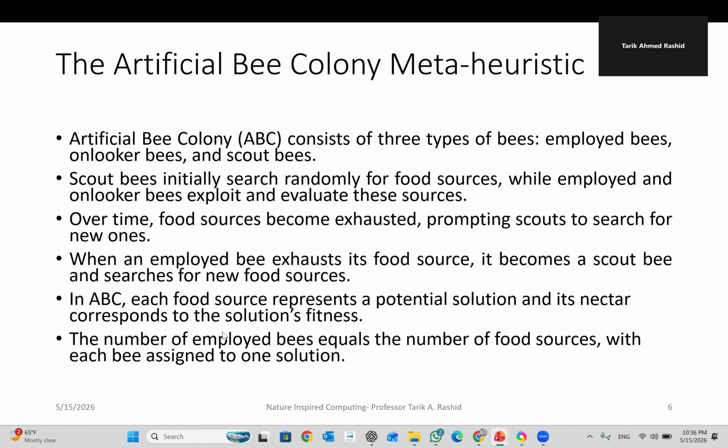In the ABC algorithm, each food source represents a potential solution, and its nectar corresponds to the fitness function or utility function. The number of employed bees equals the number of food sources, with each bee assigned to one solution.